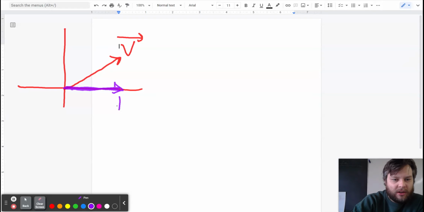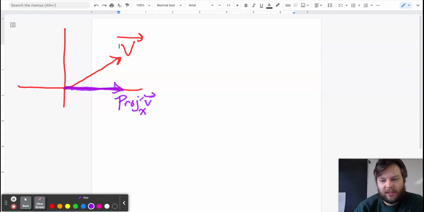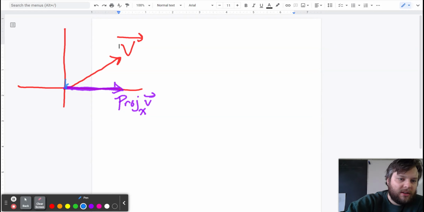So I'm going to call that the projection of v onto the x-axis. And I could also consider here in blue the projection of v onto the y-axis.